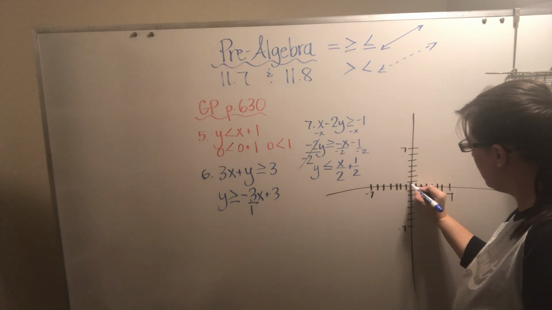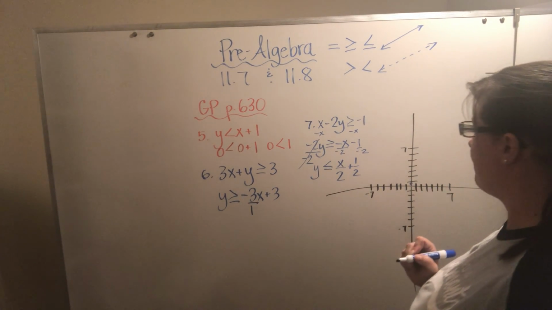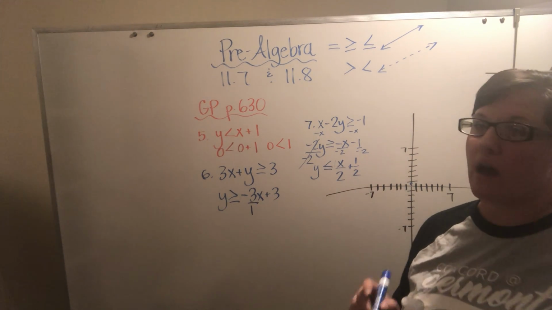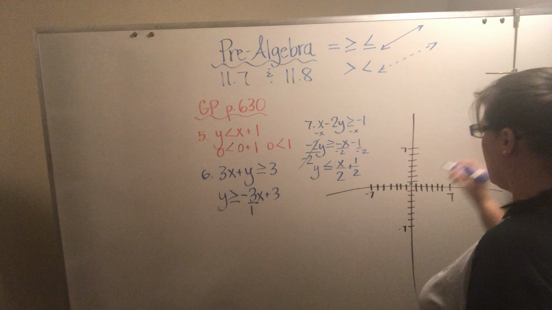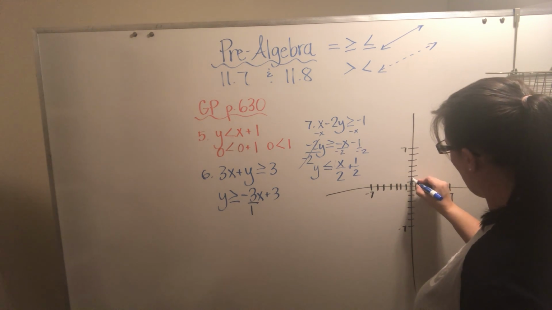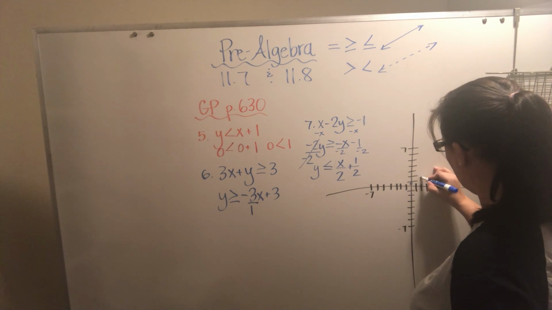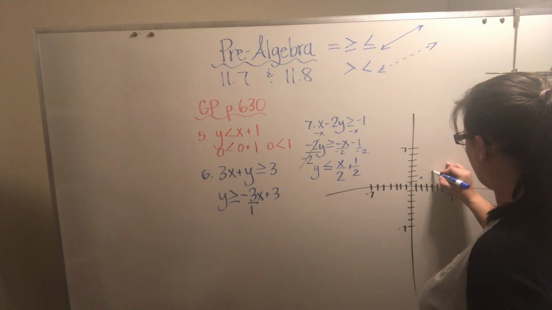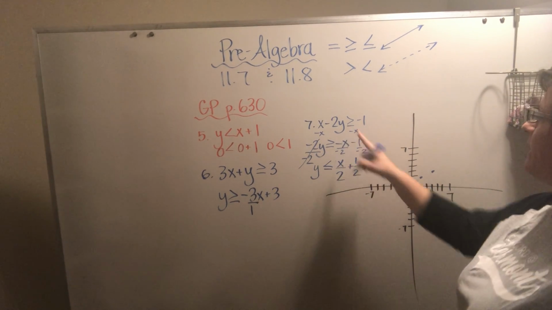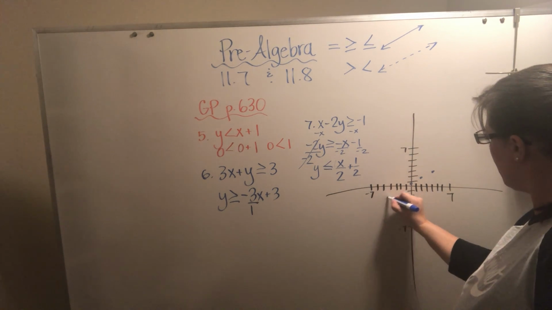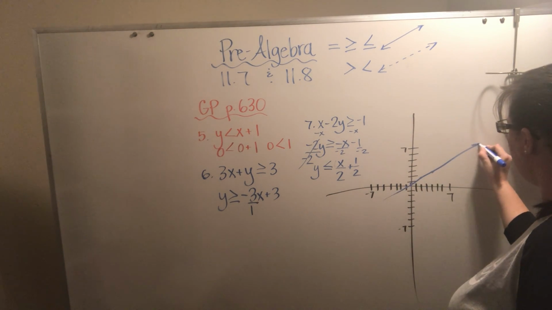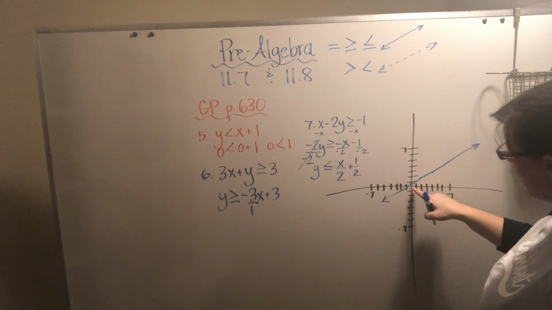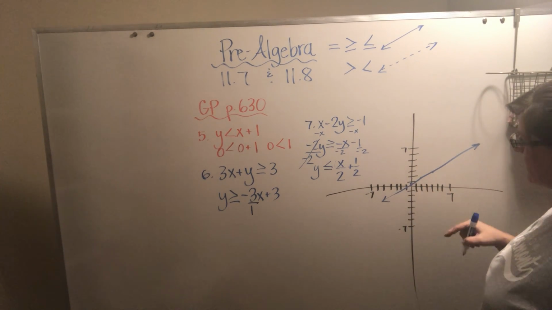So my y-intercept is 1/2. What does this mean? 1/2, up 1 over 2. So I'm at 1/2, I go up 1 over 2. And there's my next point. If I wanted, I'd go up 1 over 2. Okay? This has the equal to sign, so I can go ahead and graph that straight line. Put my arrows at the end. It's hard to tell, but my point's at 1/2.